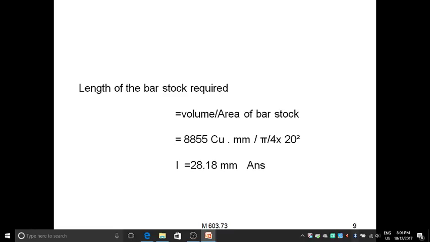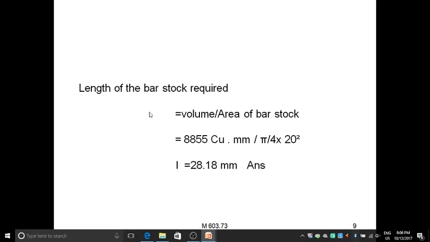You come back here. So the volume formula is pi by 4 d square into L. So pi by 4 d square is the area, and L is taken to the left side here. So volume by area will give you the length.